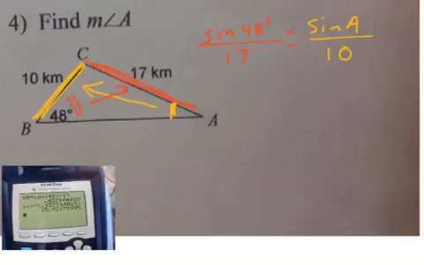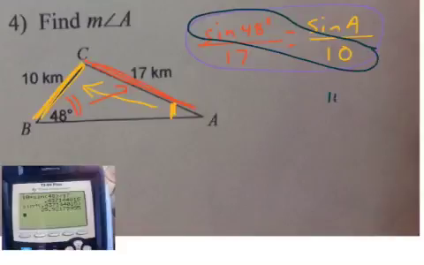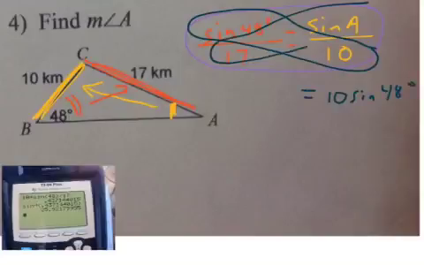And notice we have a nice simple proportion right here. And all I'm going to do is cross multiply. So I'm going to take 10 times the sine of 48 degrees. And I know that equals 17 times the sine of A, angle A.